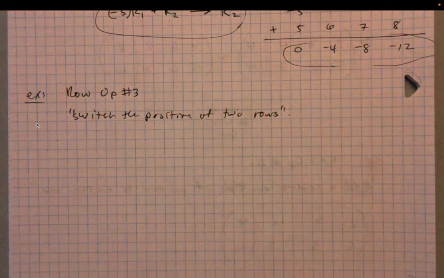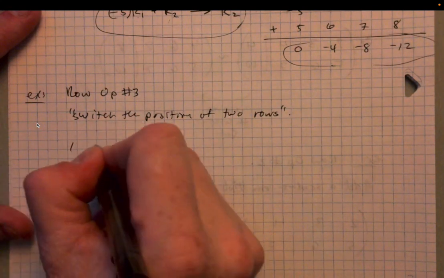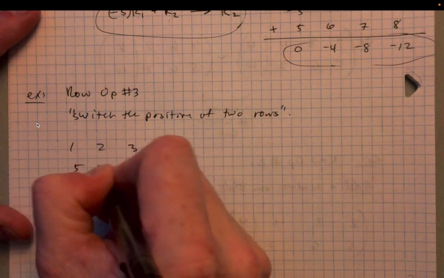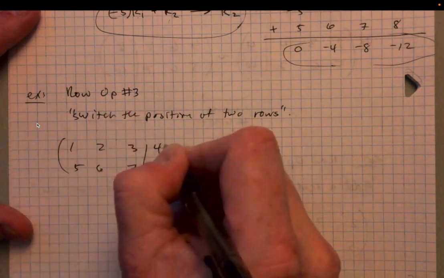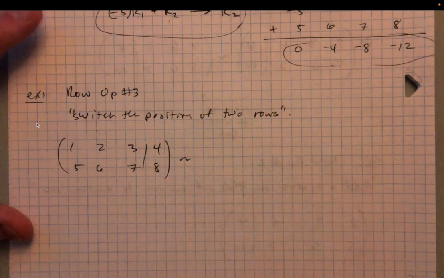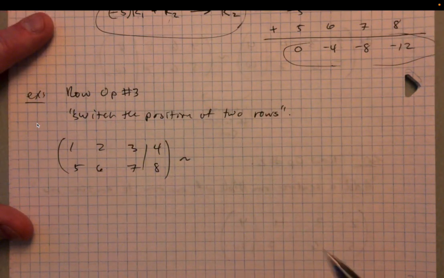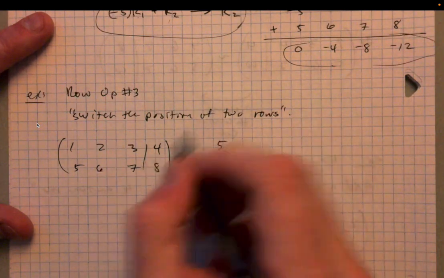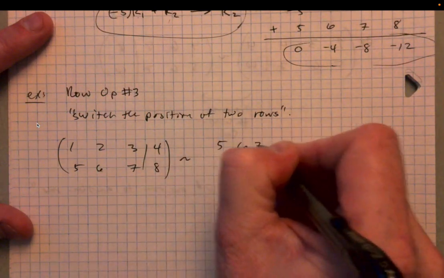This is just a simple thing. 1, 2, 3, 4, 5, 6, 7, 8. If this is my augmented matrix, then I can change the order of the rows. So I could put row 2 first, for example.